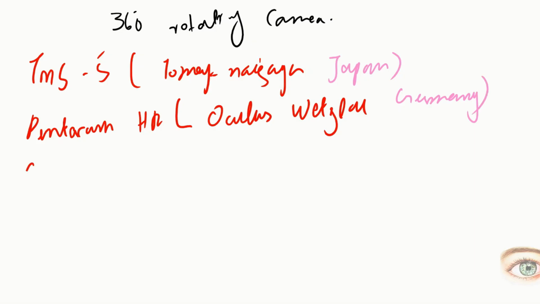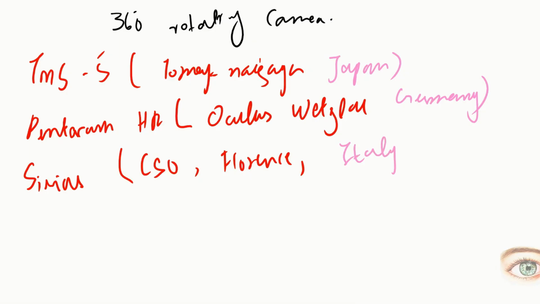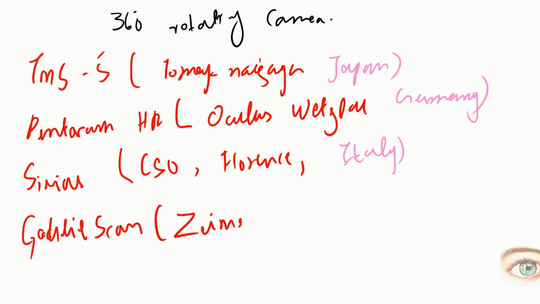The other one is the Sirius, which is less used than the Pentacam, from CSO in Florence, Italy. The other one is the Galilei scan, and the company is Ziemer, and of course, it's from Switzerland.